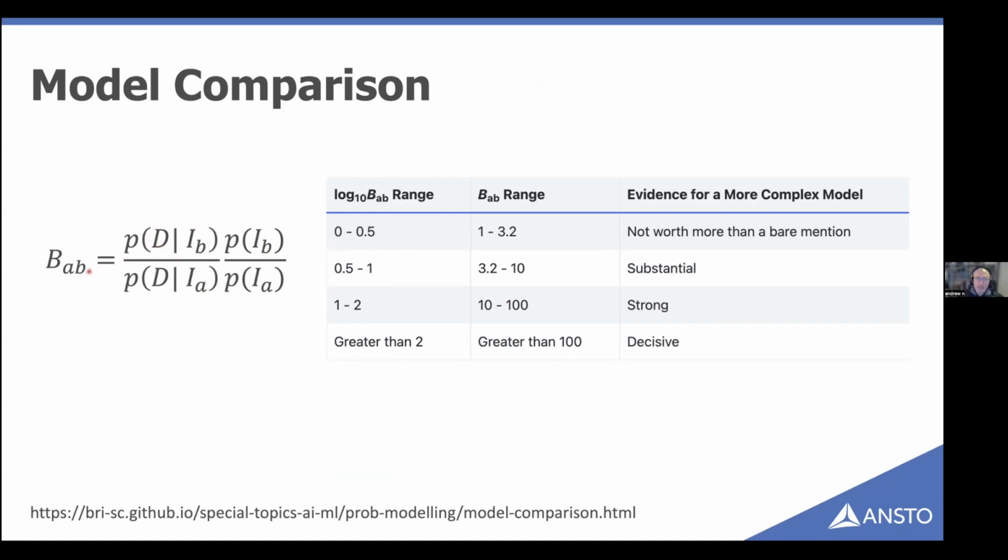You can use that quotient to figure out the evidence for the more complex model. If the quotient, or the log quotient, is say 1 to 2, that might indicate that model B is supported. You have strong support for model B compared to model A. Greater than 2 would be decisive, but if the difference is not big, then there's not really much evidence for this.